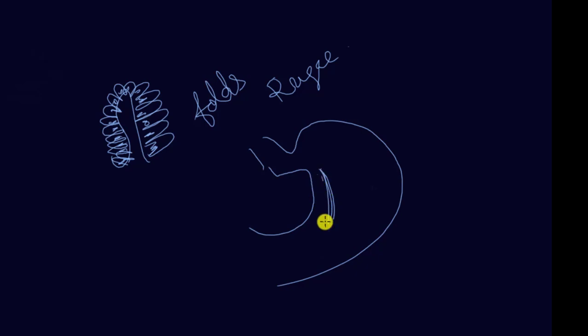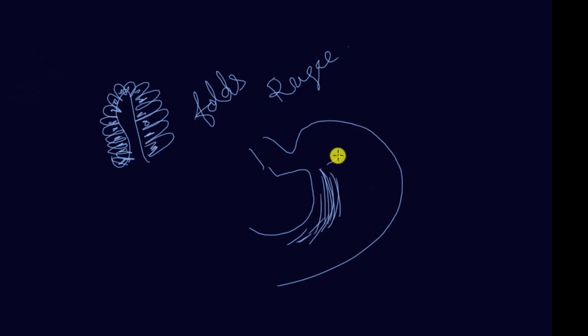After this we have to remember one thing: if this is the greater curvature and this is your lesser curvature, then along the lesser curvature you will find longitudinal folds.